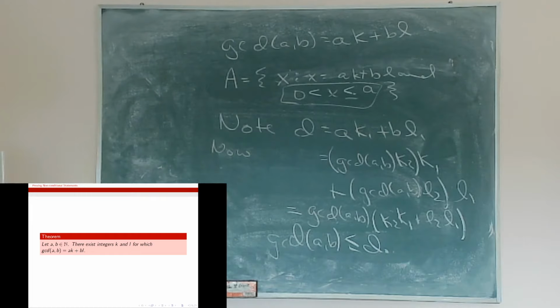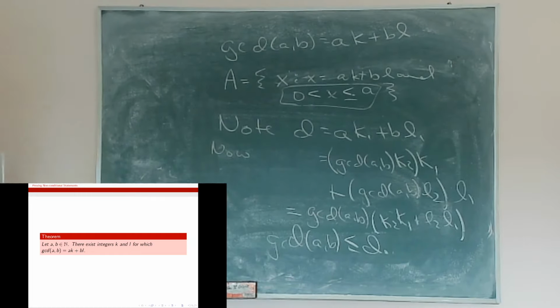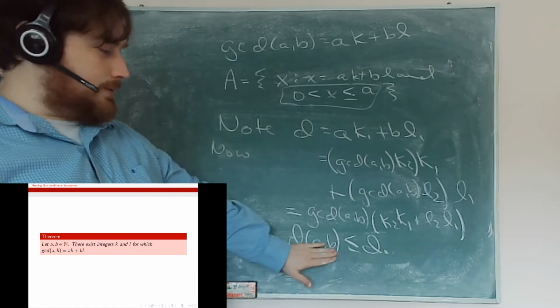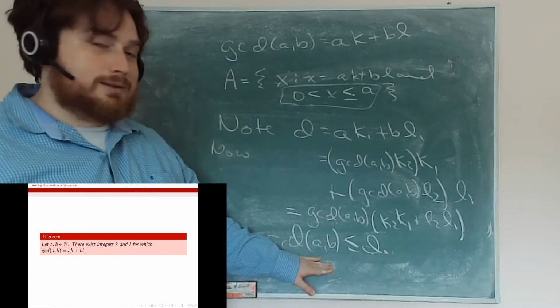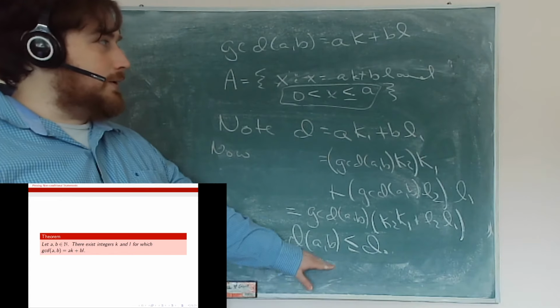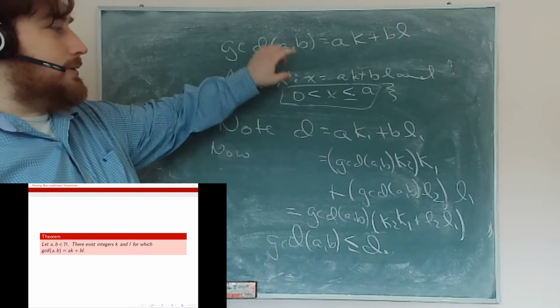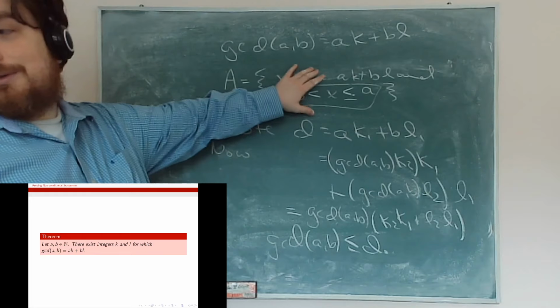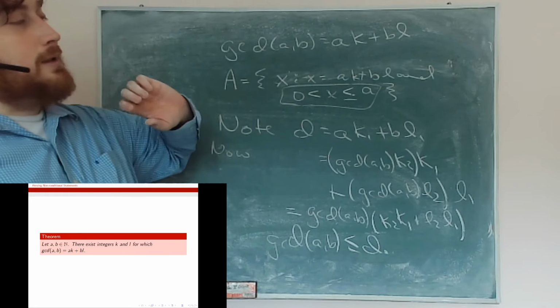I kind of want to keep at least an overview of what we're doing. I want to show two things are equal, so I'm going to show one's less than the other, and this is less than this. So that's my goal right now, and I wanted to show that this was equal to D, where D was the smallest element of this.